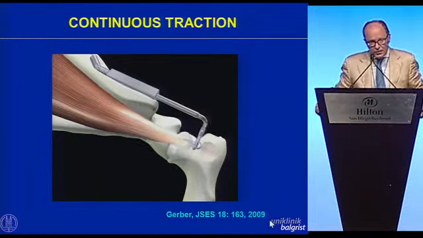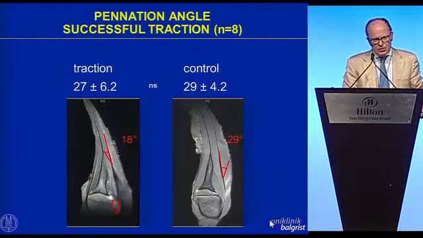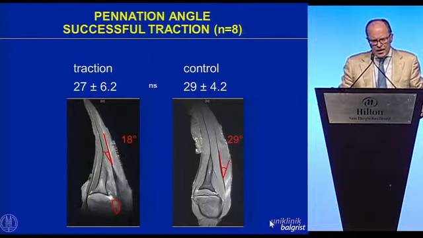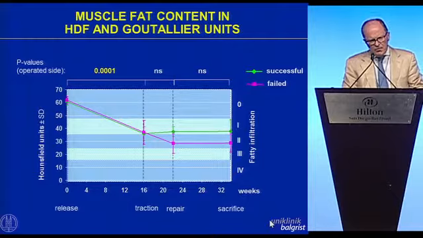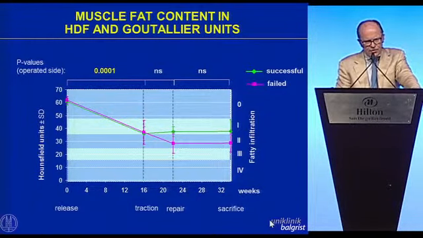We therefore tried to do that with staged repairs or with continuous traction, and could show that if you use continuous traction, then you can restore the architecture of the muscle. However, you can also improve atrophy. You can ultimately prevent a little bit of fatty infiltration.